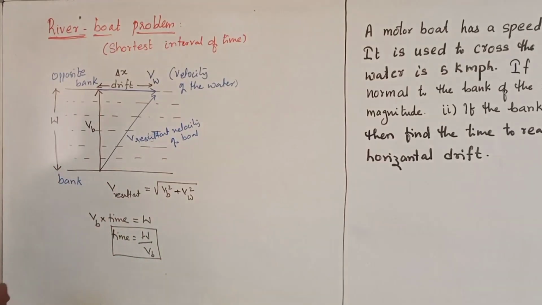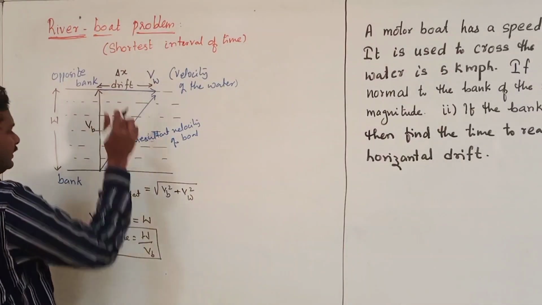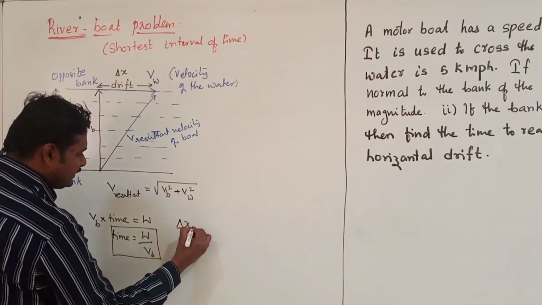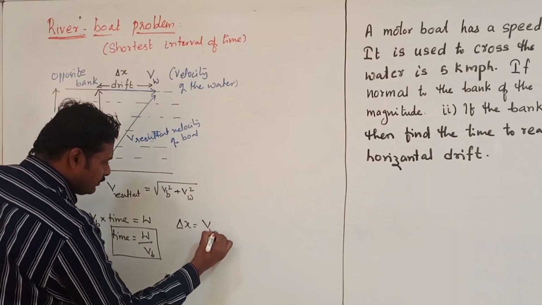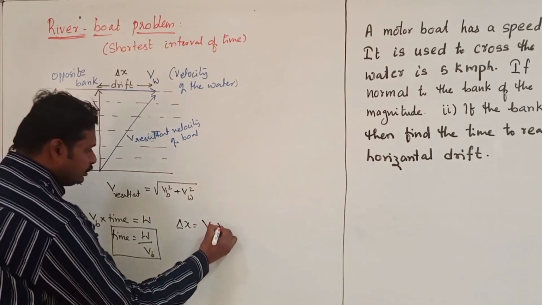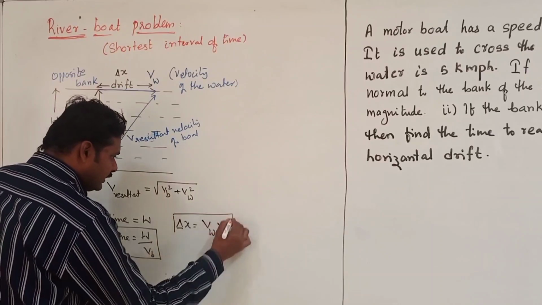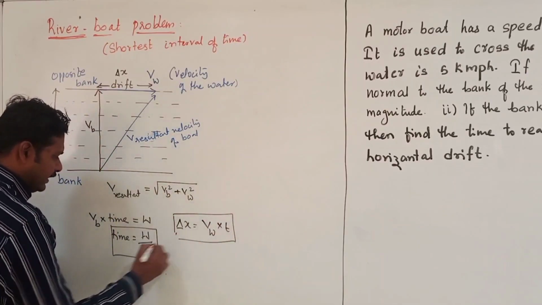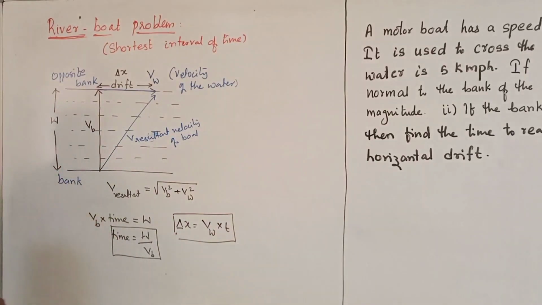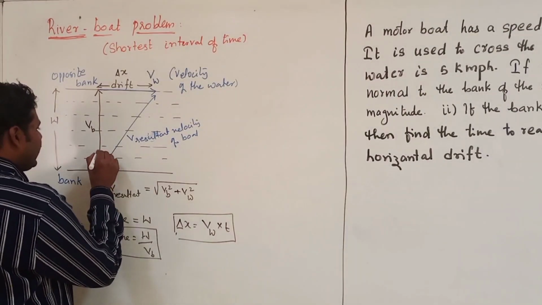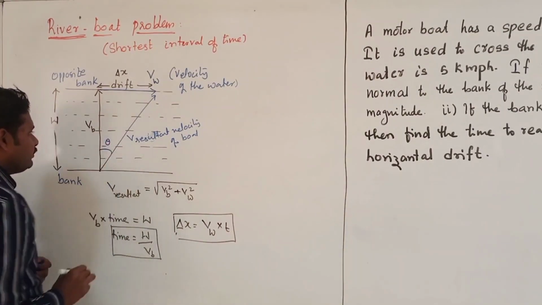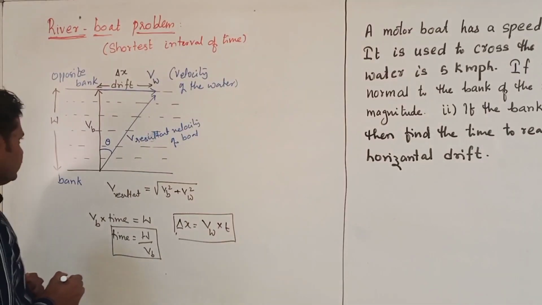Next, how to calculate the drift? Delta x is equal to the velocity of the water into time. The time can be calculated from this. What is the direction to be calculated? At what angle can the boat be shifted from the vertical?